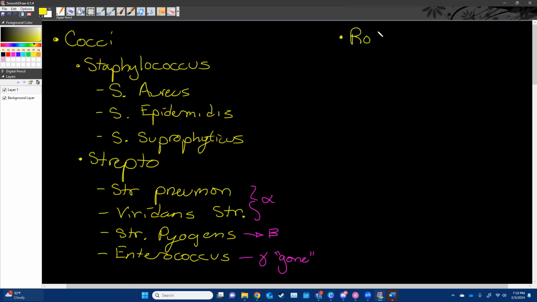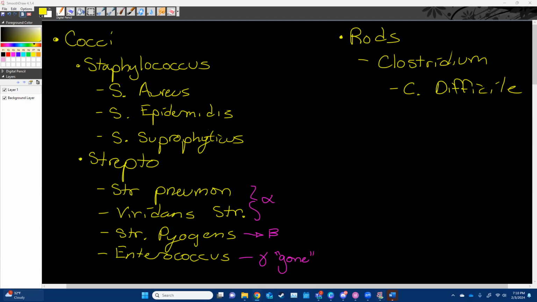The rods are Clostridium, and the big one that we always talk about is C. difficile, which is the one that you always get from having too many antibiotics.